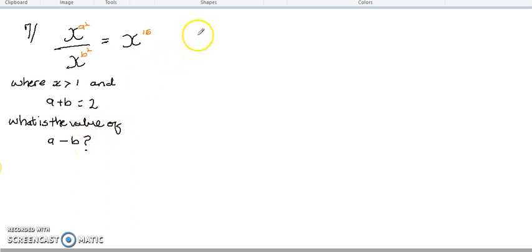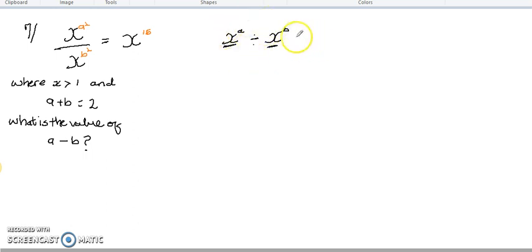The laws of exponents will come into play here because the law of exponents says if you have a value of x raised to a and you are dividing that by another value raised to another number, the key part of this law is that the base value x and here must be identical.